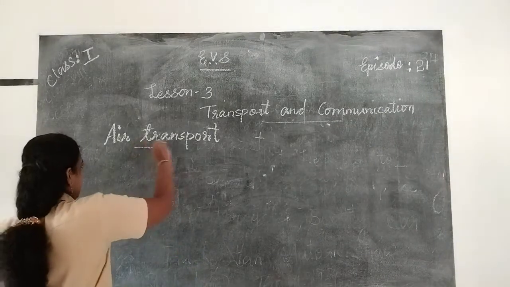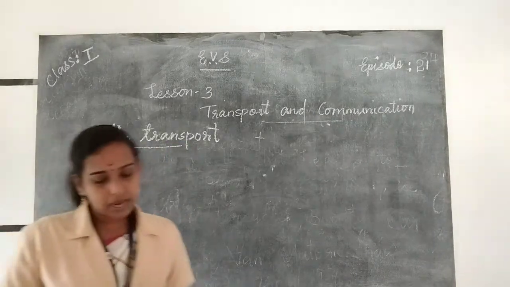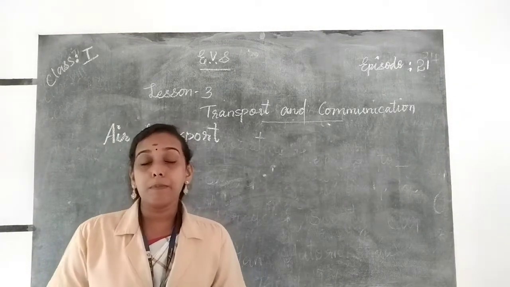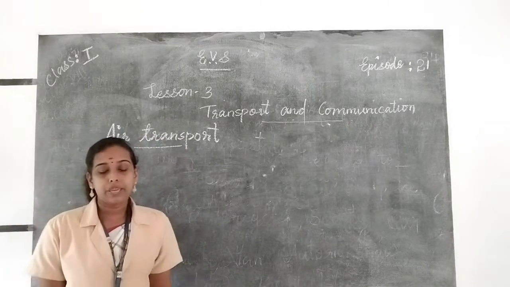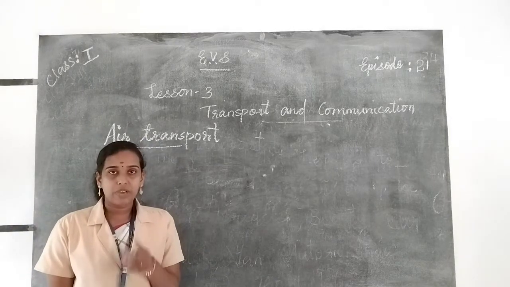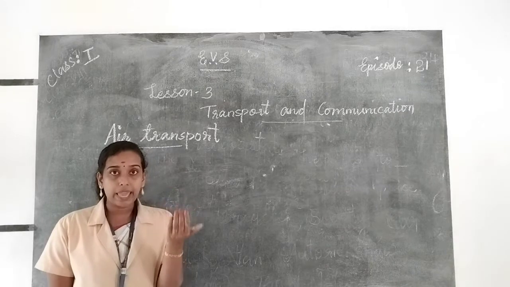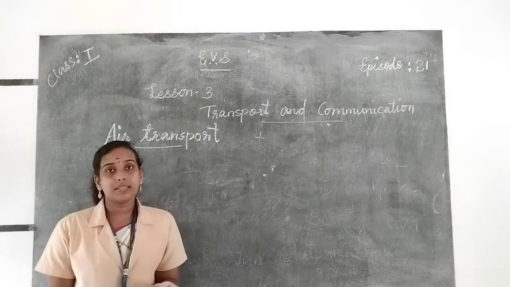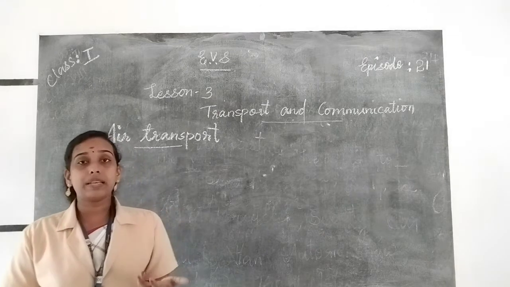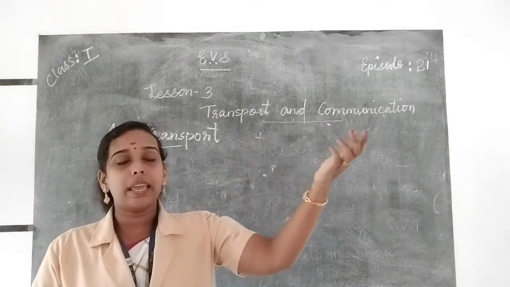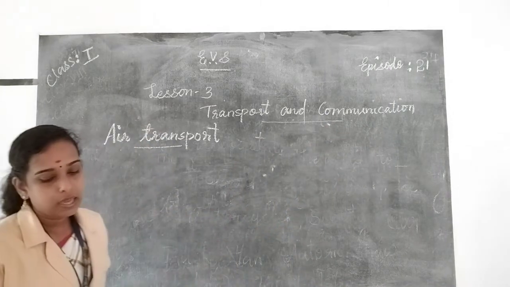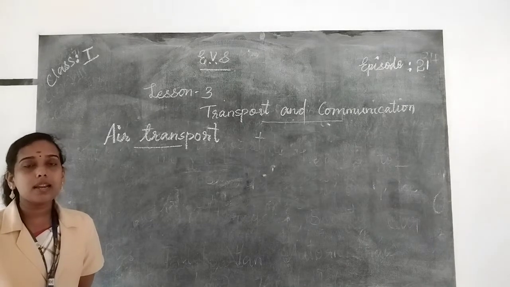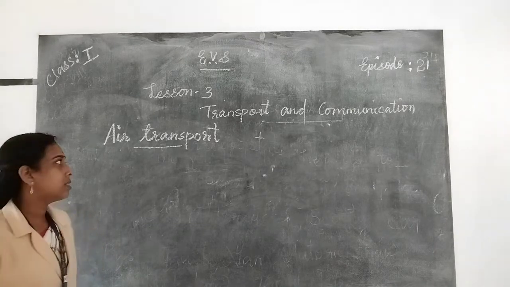T-R-A-N-S-P-O-R-T, air transport. So what do you mean by air transport? Vehicles that help us to travel by air are called means of air transport. Some vehicles help us to travel by air and they are called air transport, like aeroplane, helicopter, etc. Parachute. They help us to travel by air and they are called air transport. Okay. So the vehicles that help us to travel by air are called means of air transport.